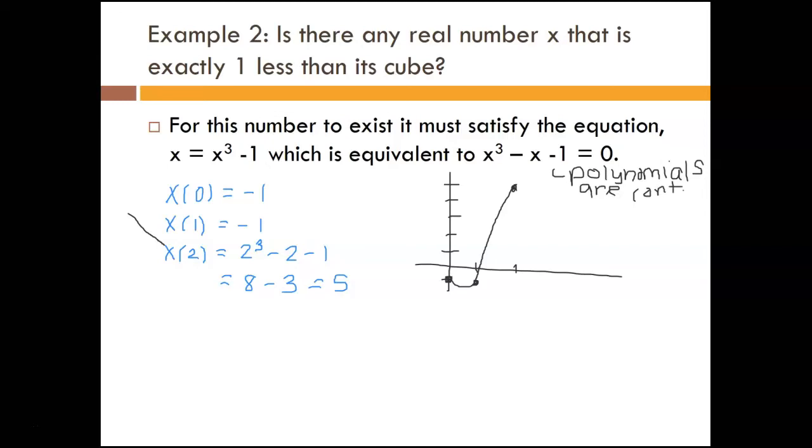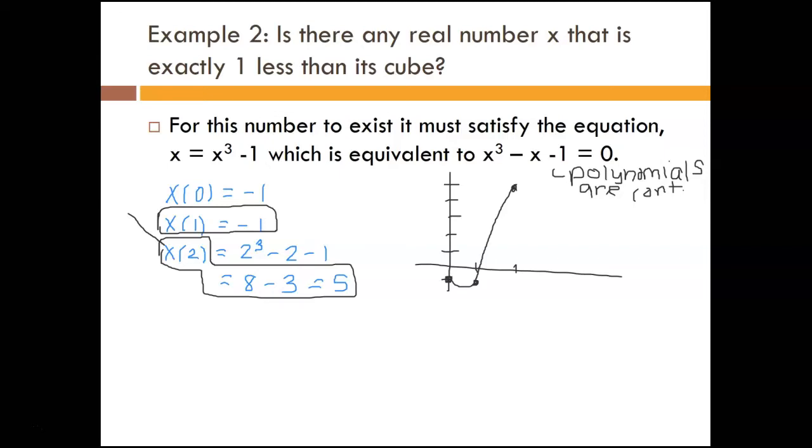So if a polynomial is continuous, I know that this is continuous. Therefore, by IVT, I have a continuous function. So my f of a is like x1. My f of b is x2.